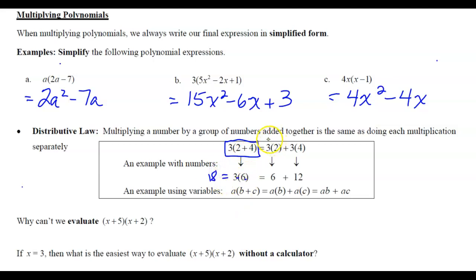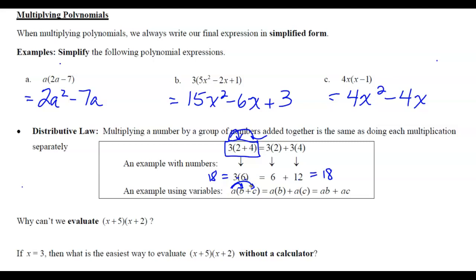If we use the distributive property, then we would multiply 3 times 2 and 3 times 4. So that's 6 plus 12. What do you get for that? 18. They're exactly the same. So it doesn't matter if it's variables or numbers, you do the same property. You expand it out. If it's all numbers, just use the order of operations. It's faster.